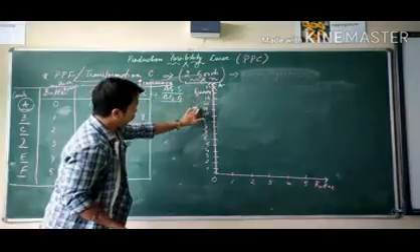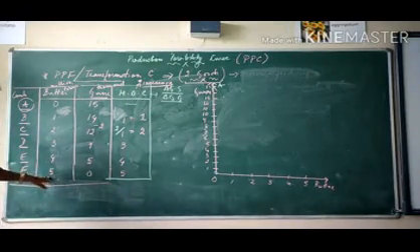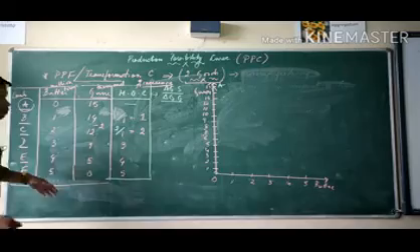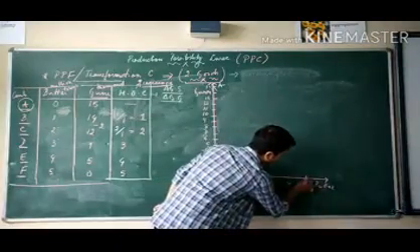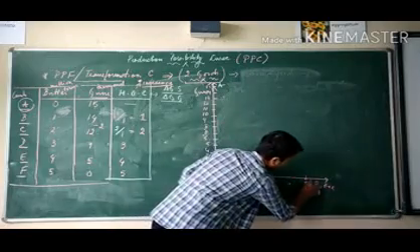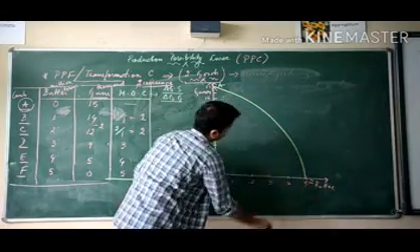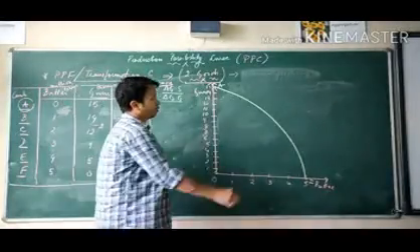So 0 on this axis will be here, and we are producing 5 million tons of butter. So 5 million tons will be here. So which combination is this? This is combination F. So when we join these two, like this, this is your PPC.